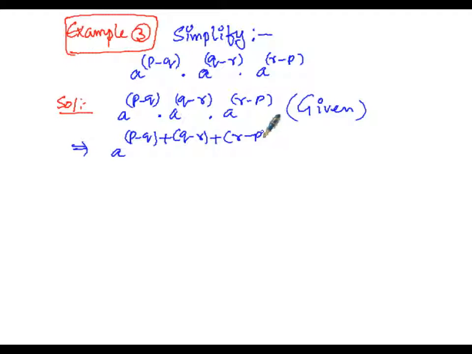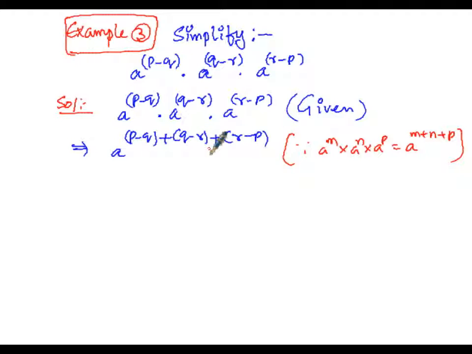The reason is a power m into a power n into a power p is equal to, since bases are equal and the symbol in between is into, we have to add up the exponents, that is a power m plus n plus p. So based upon this identity, bases are the same, so I have added the exponents, I mean p minus q, q minus r and r minus p.